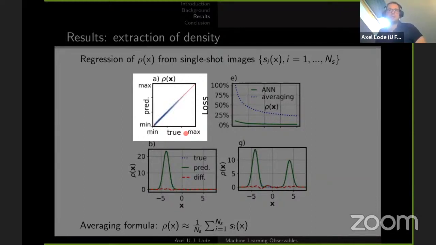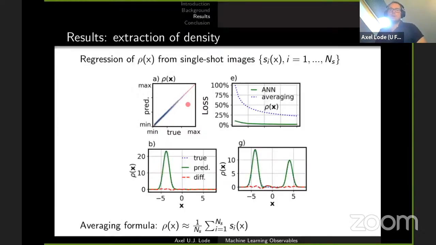So you see that the predicted and the true value are almost identical in pretty much all the cases. This red line shows that the prediction and the true value is identical, and the blue dots in the histogram conglomerate nicely along this red line.